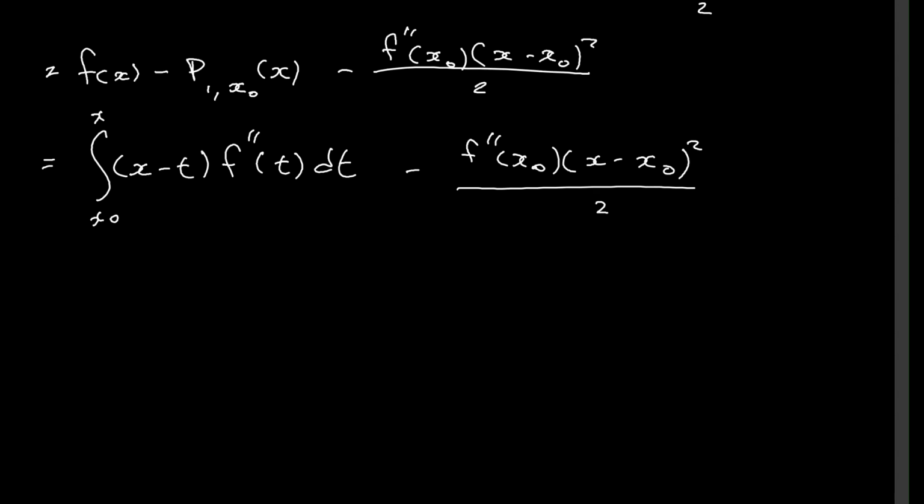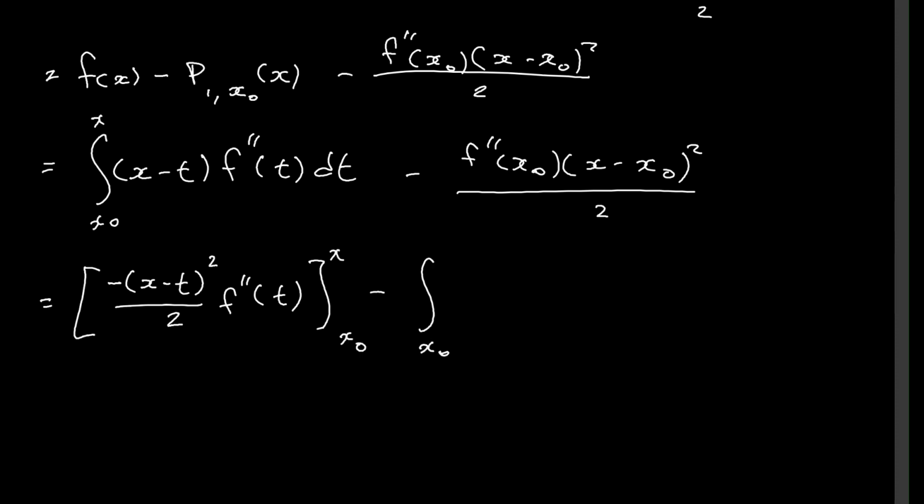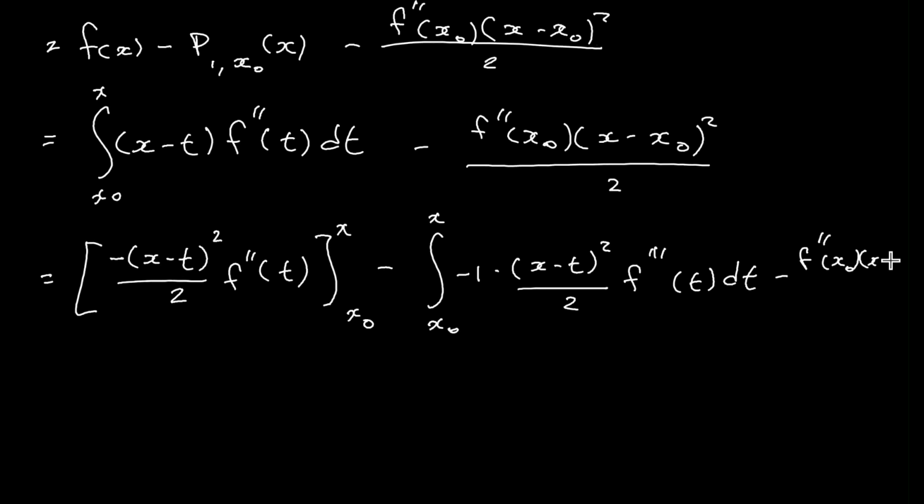Well, I'm going to do integration by parts on this integral right here, which will get me, you have to be careful here, negative x minus t squared over 2 times f double prime of t from x naught to x, minus the integral from x naught to x of minus 1 times x minus t squared over 2 f triple prime of t dt, minus all that stuff here, f double prime of x naught times x minus x naught squared all over 2.